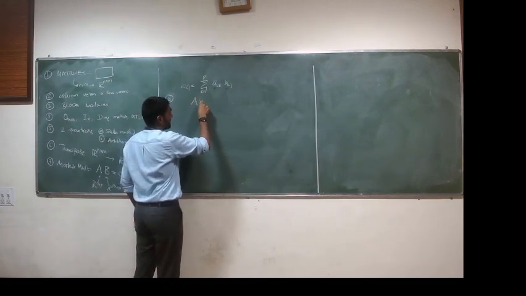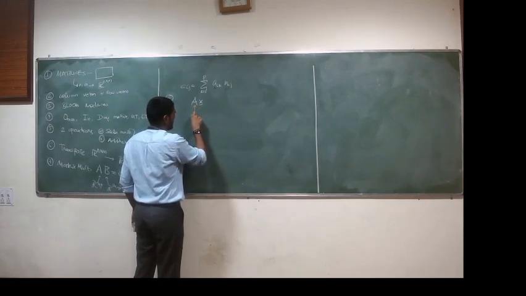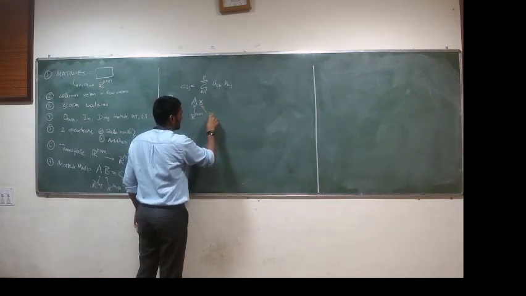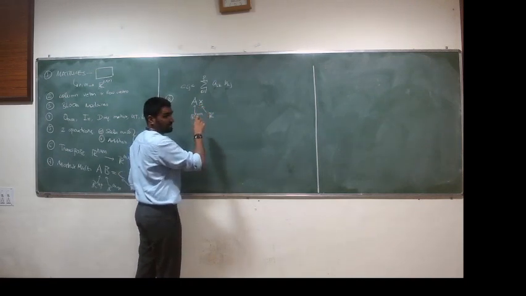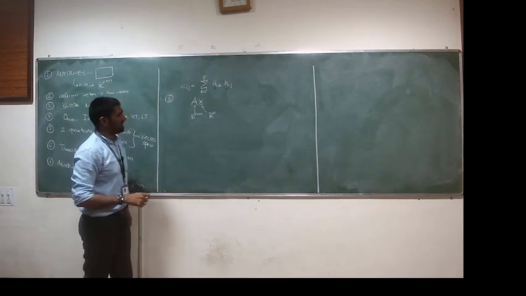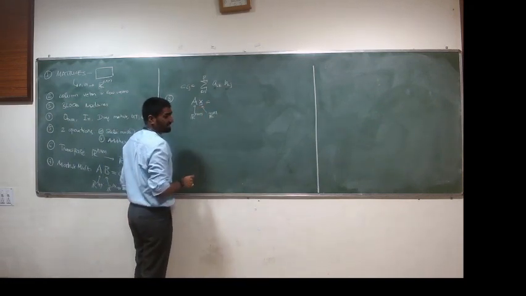A multiplied by vector x. Let's say A is n cross m, and x is from R^m. And what will I get?